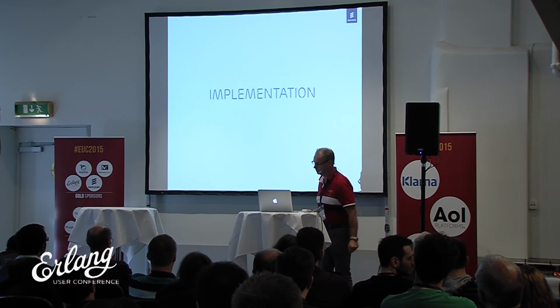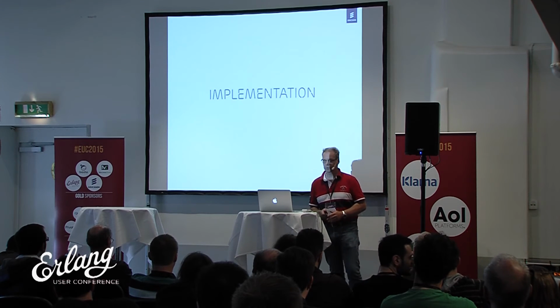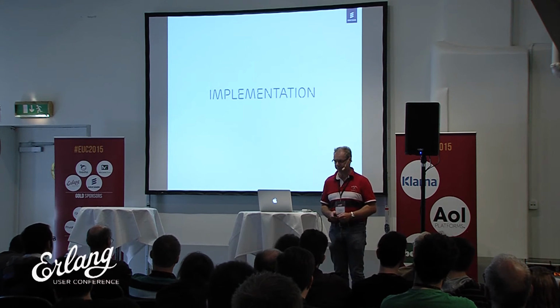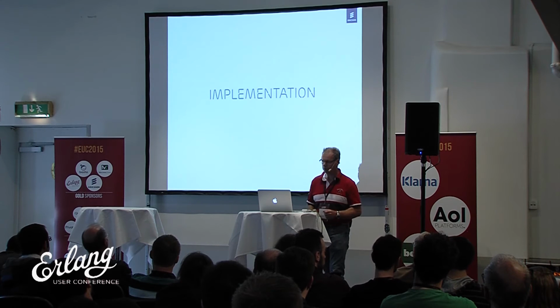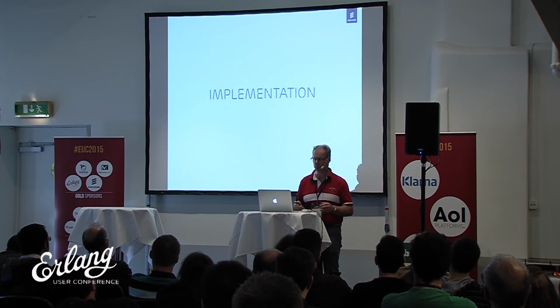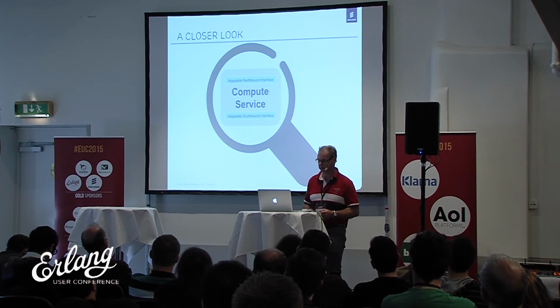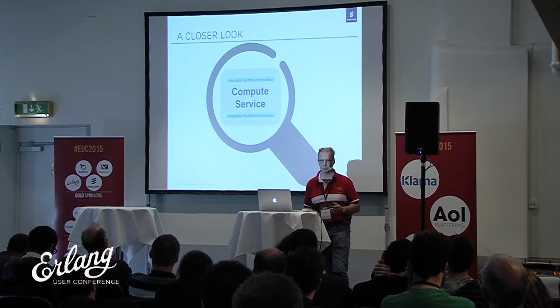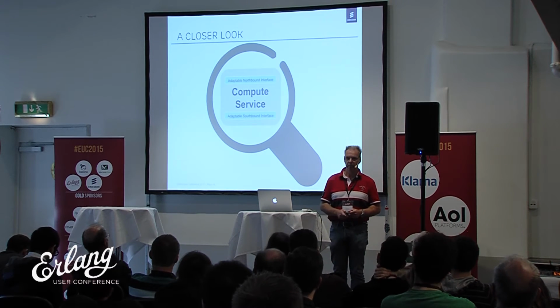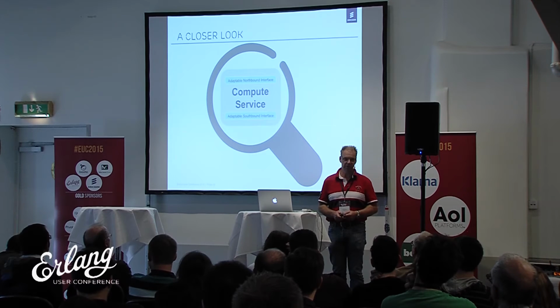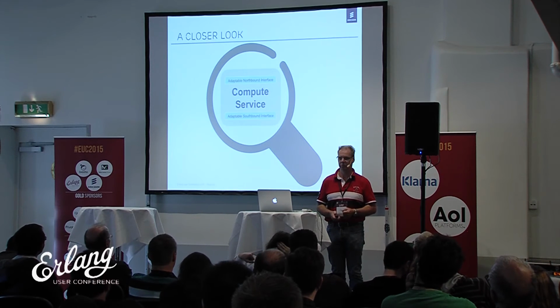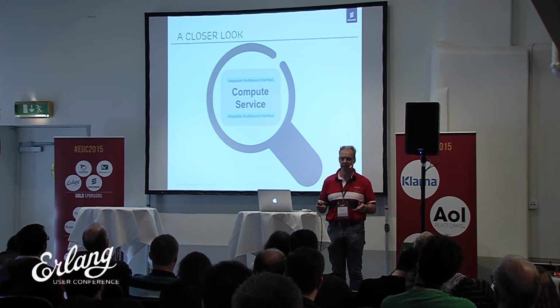So now, going to the implementation of this. We'll take a closer look at how we implemented this, for the different services. Normally, this system is some 100+ K lines of code.